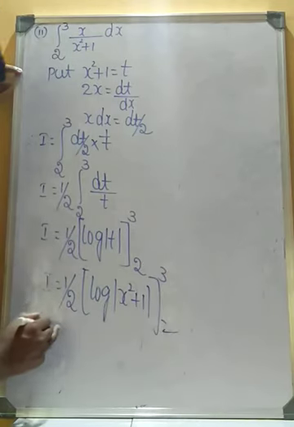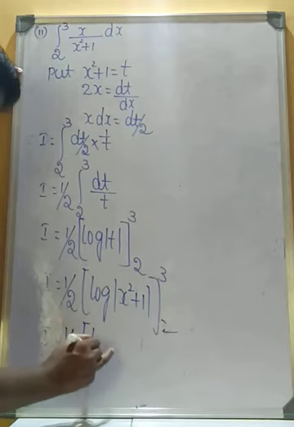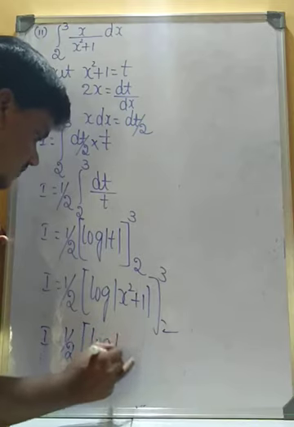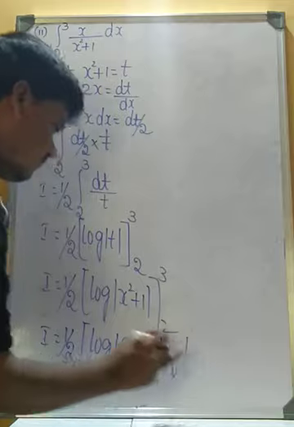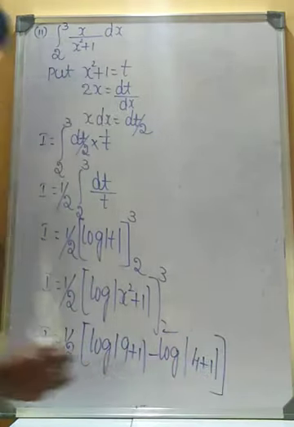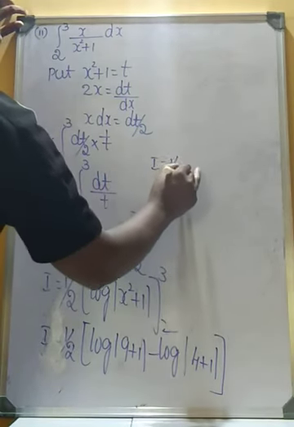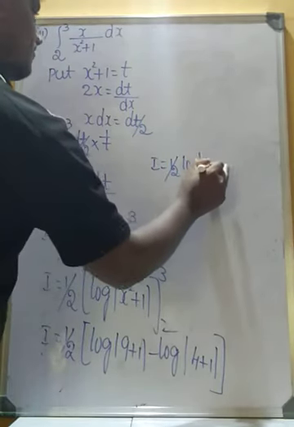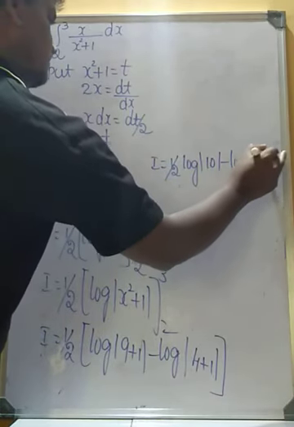Therefore I equals 1 divided by 2, say log of 3 square value 9 plus 1, minus log of 2 square 4 plus 1. Therefore I equals 1 divided by 2, so log of mod 9 plus 1 is 10, minus log of 4 plus 1 is 5.